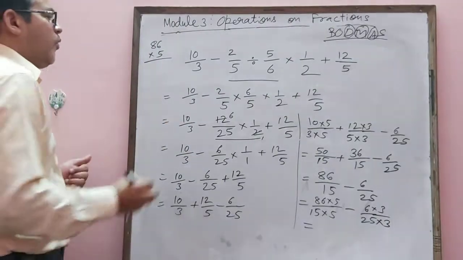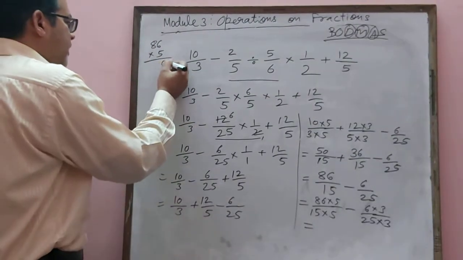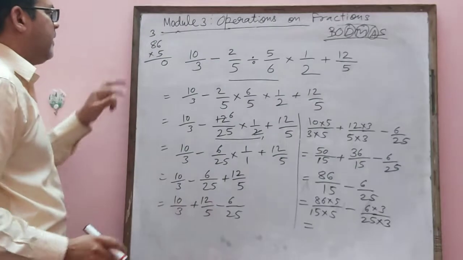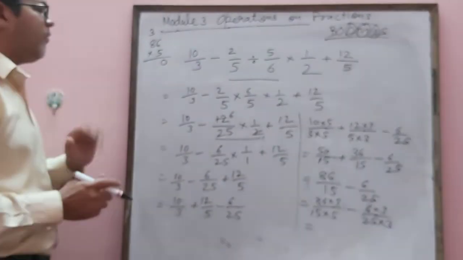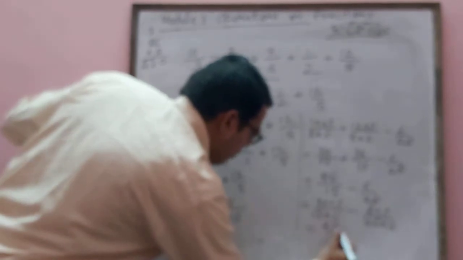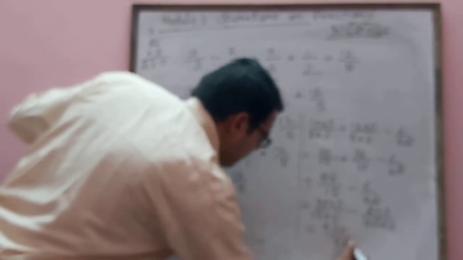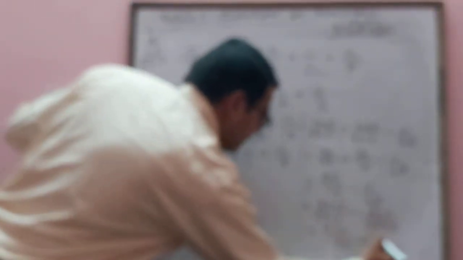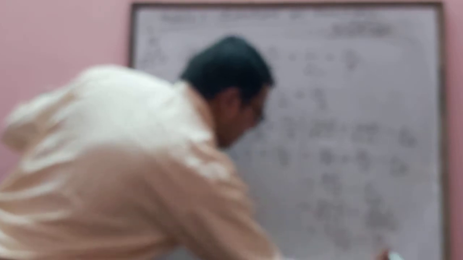You all know how to multiply. 5 6s are 30. Carry is 3. 5 8s are 40. 40 plus 3, 43. So we can write here 430 by 75, since 15 into 5 is 75. Then minus 6 into 3, 18 by 75.